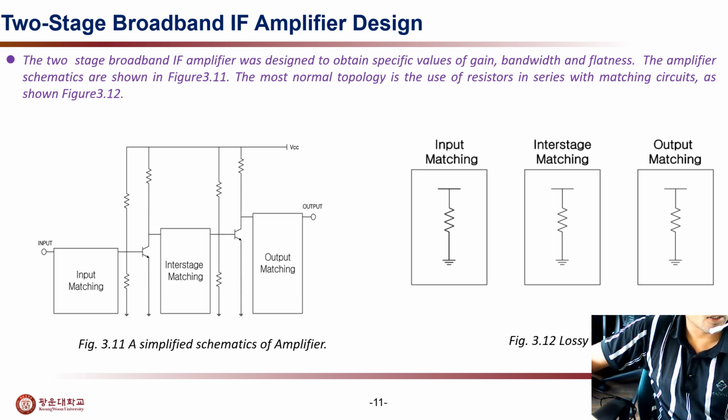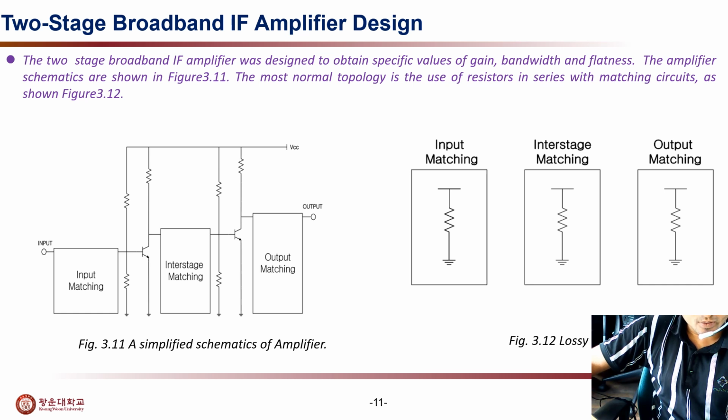There is a one stage and two stage, and different lossy matching. The lossy matchings have the input matching, inter-stage matching, and output matching to allow for a voltage divider bias to provide bias point stabilization. Each stage has a resistor with an established constant DC current, at input and output.